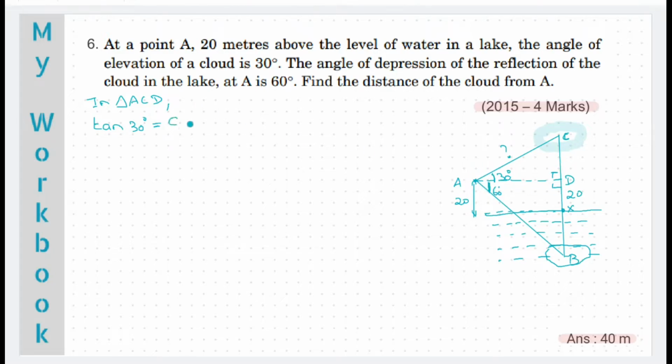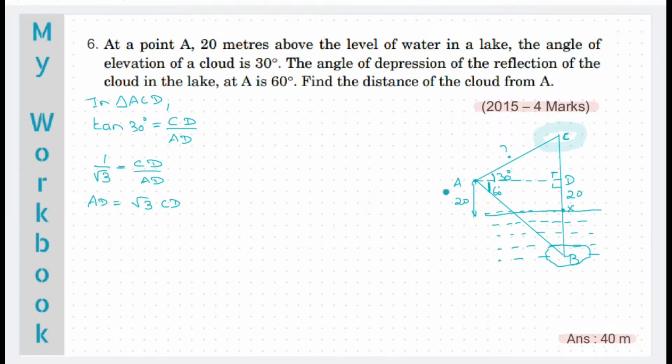So CD by AD. Tan of 30 is 1 by root 3 is equal to CD by AD, which can be written as AD is equal to root 3 CD. Now we do not know the value of CD, so let's keep this as such.